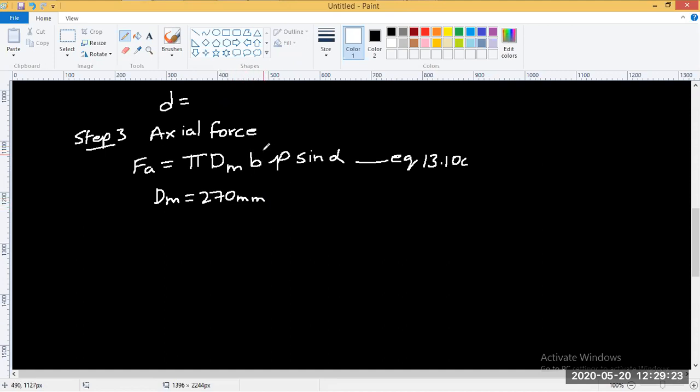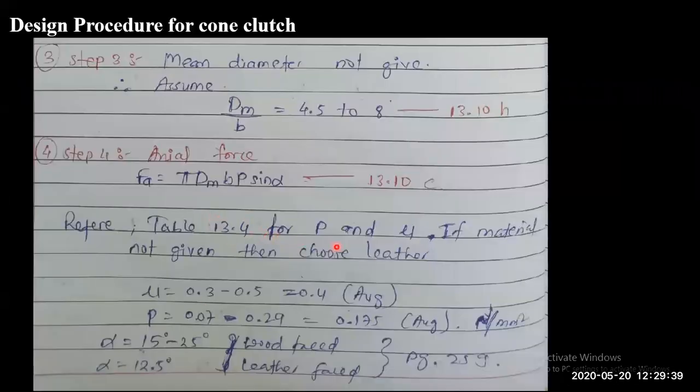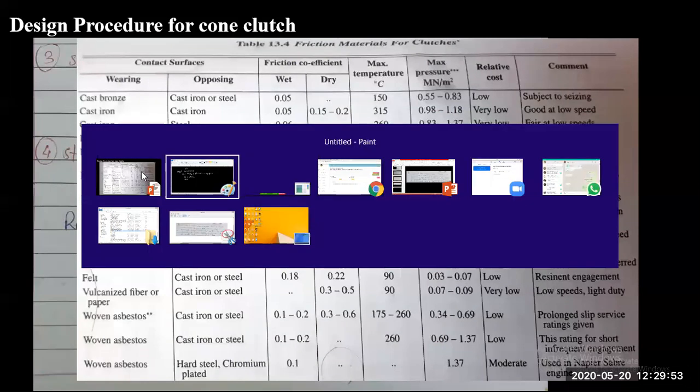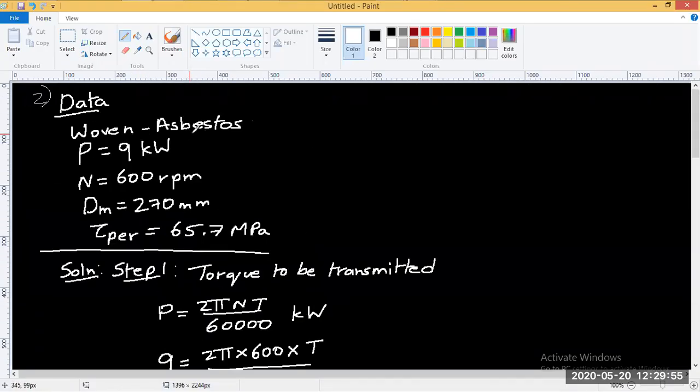Then b, we'll write this equation in terms of b itself, and then p. So p is nothing but p max. So for this we need to refer to the data handbook. Let's go back to the PPT. So check it out. P here will be from table 13.4 for a given material type. So this is where you get your P from. And what was the data? Woven asbestos with steel.